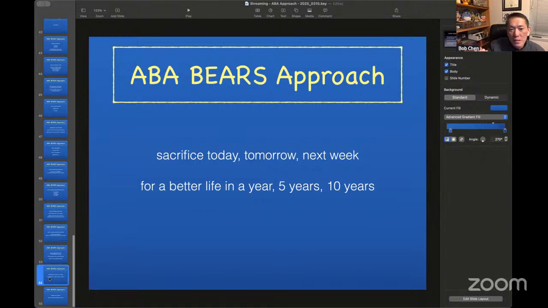And most of the time, what you're doing as a family is, let me take that small relief today only to suffer the pain a lot worse a year from now, 2 years from now, 5 years from now. And that's the exact wrong approach to take. Your child is only going to get bigger, faster, stronger, and smarter.